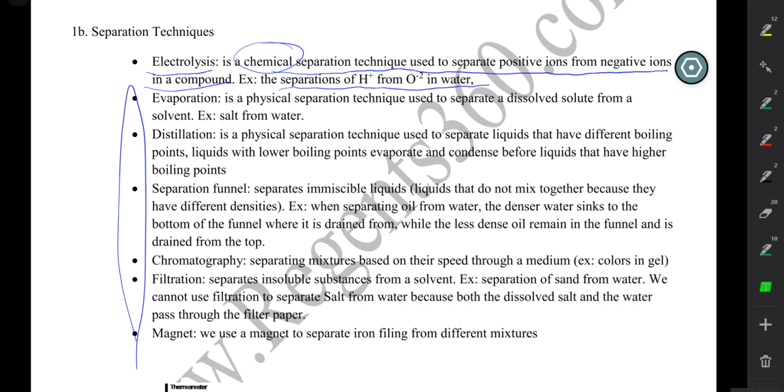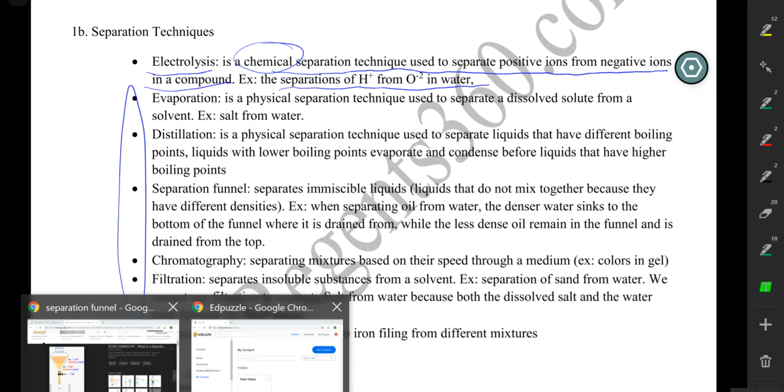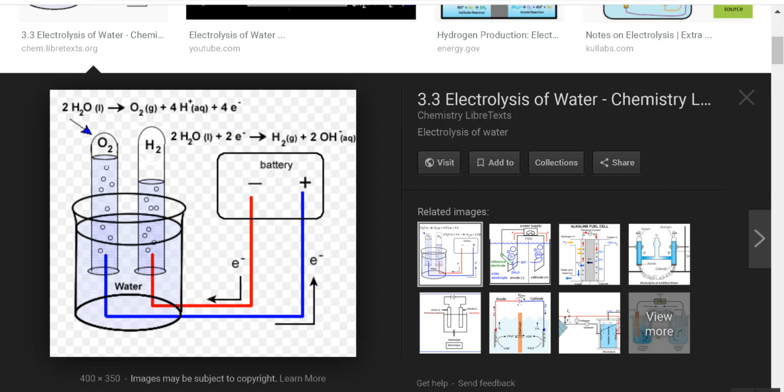Okay, so electrolysis, let's take a look at what electrolysis looks like. We go on Google, we go to image search, and here's electrolysis. We use a battery. The battery has a positive end and a negative end.